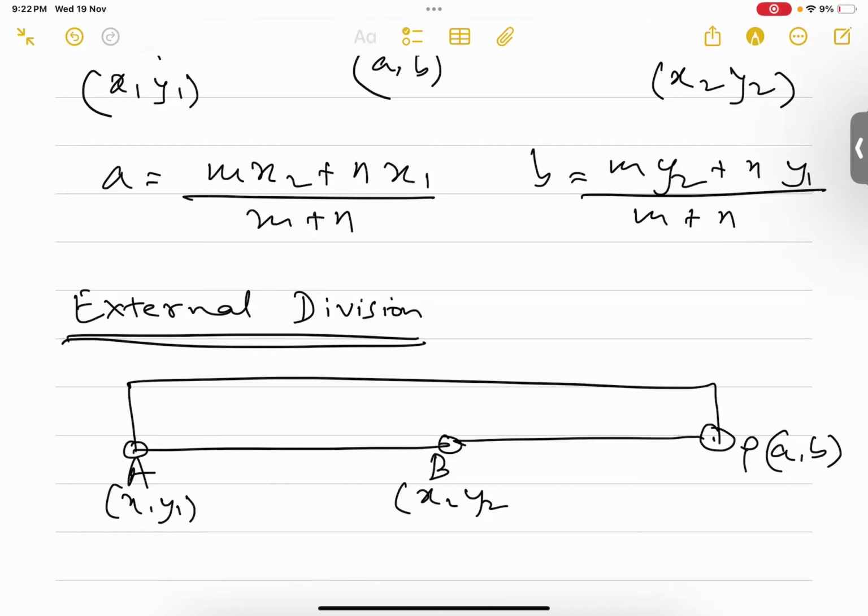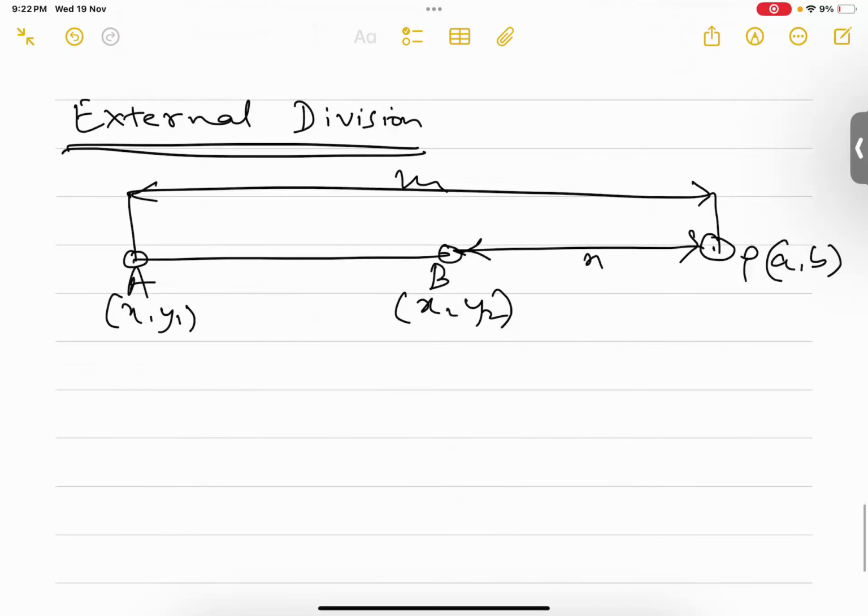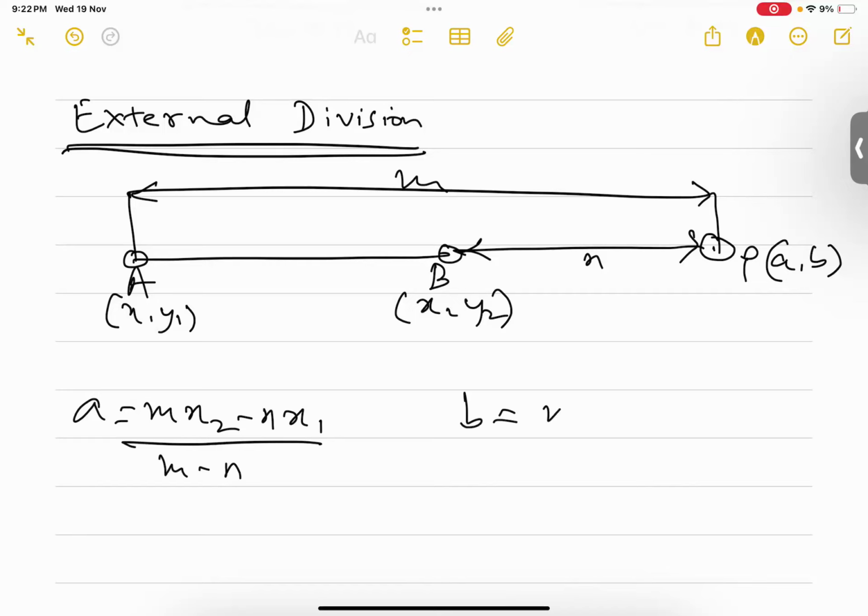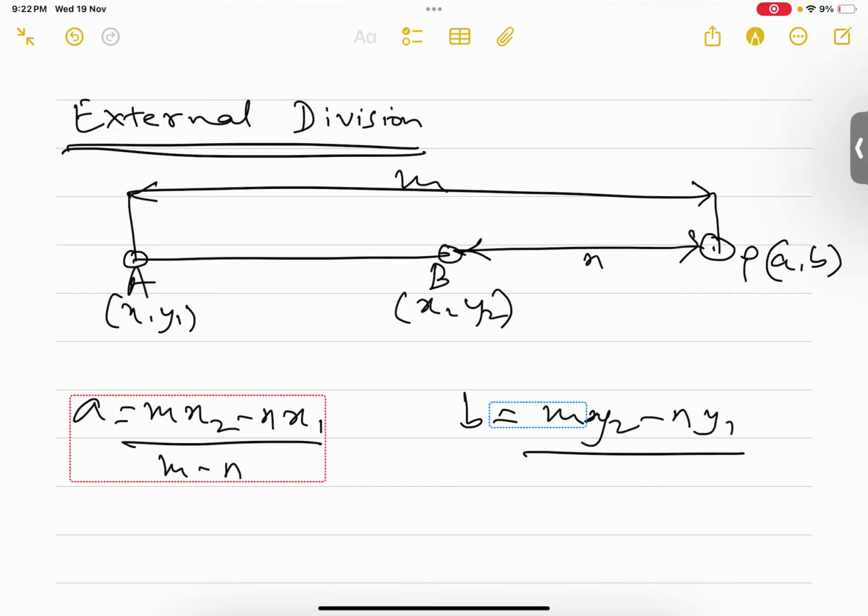So this part is M from here to here, and from here to here it is N. So the ratio of AP and BP is M is to N. So the x coordinate will be mx2 minus nx1 upon m minus n, and the y coordinate is my2 minus ny1 upon m minus n. So this is external division.